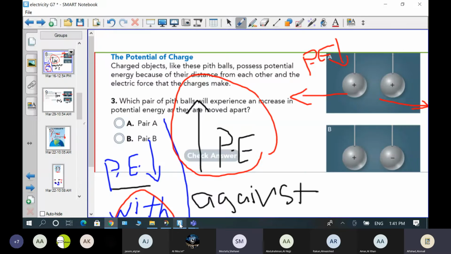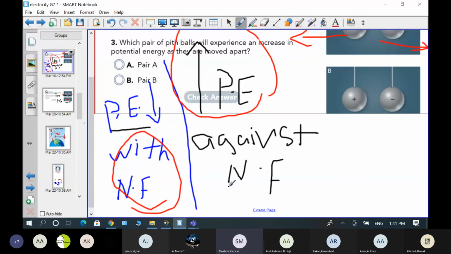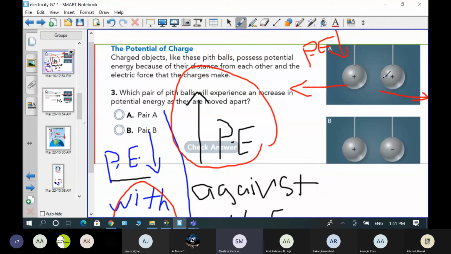Guys, you have only one rule here. Potential energy increases if you go against the natural forces. By natural forces I mean repulsive or attractive force, attraction or repulsion. So here is the repulsive force. If you want to increase potential energy, go against the natural forces, like this, go against it, and this will lead to increasing potential energy.